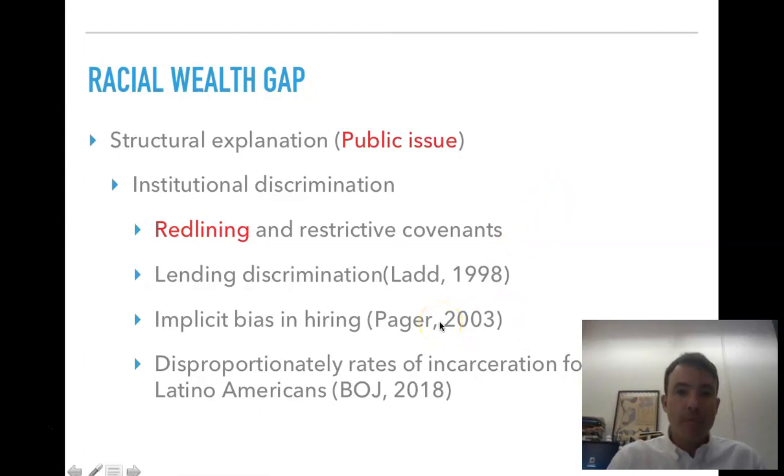Additionally, Devah Pager, in her seminal piece, The Mark of a Criminal Record, which we'll talk about in more detail in our unit on deviance and crime, showed that many hiring managers are implicitly biased towards white candidates.